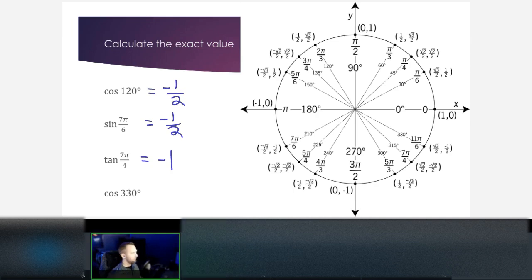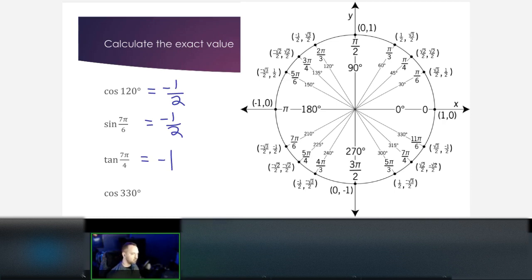All right, and then lastly, cosine of 330 degrees. What is that one? What is that answer? A lot of square root 3 over 2. So, yep, radical 3 over 2.